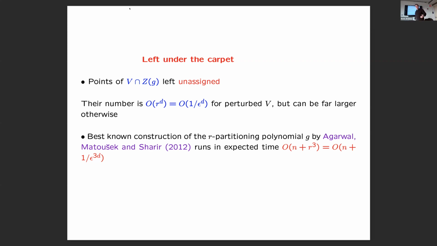It adds a certain unwanted term to the construction time. Currently, dealing with partitioning polynomials is not very efficient.